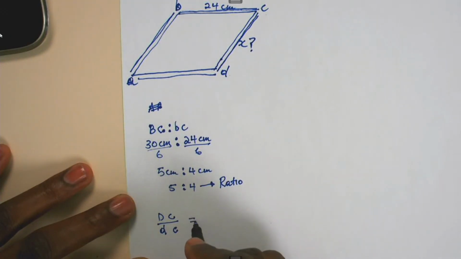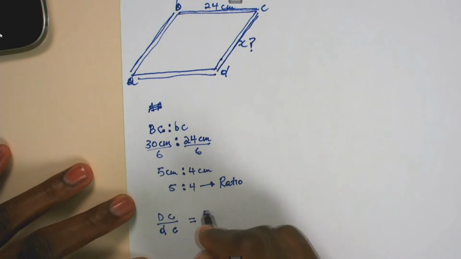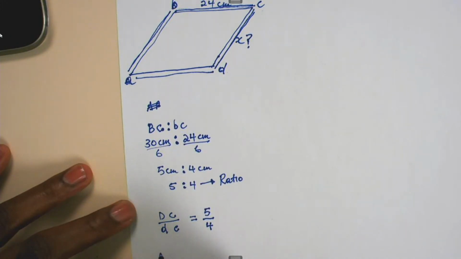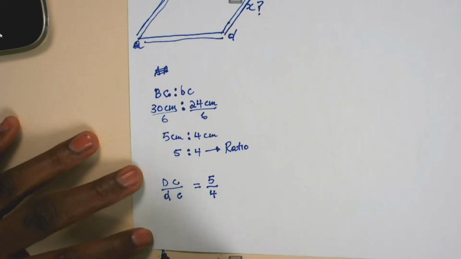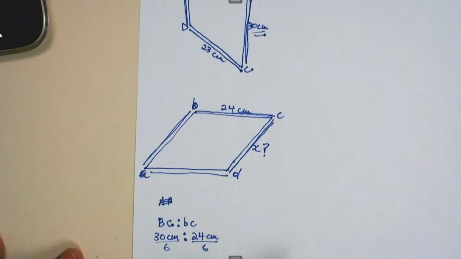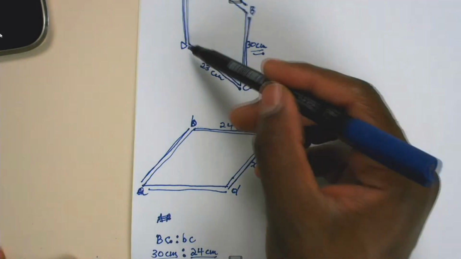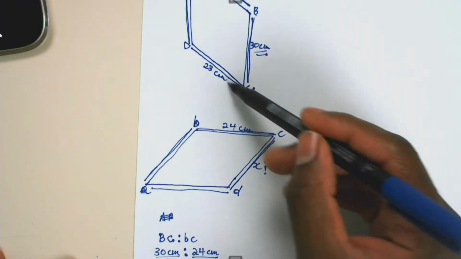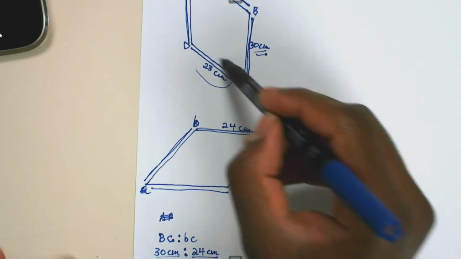They are equal to the ratio of 5:4. Therefore, when we continue, we would find the length of DC, which is the capital DC. In this case, it was given to us as 23 centimeters.